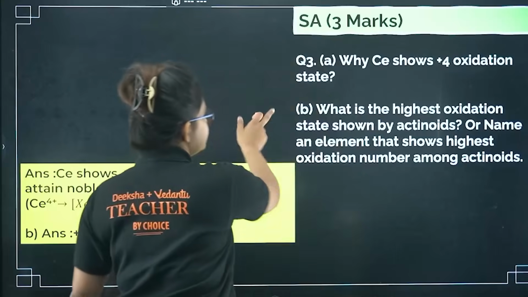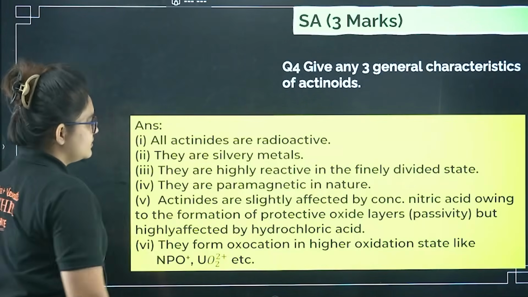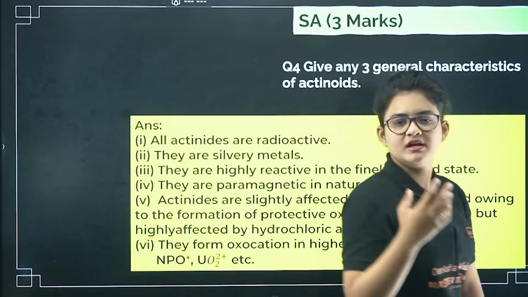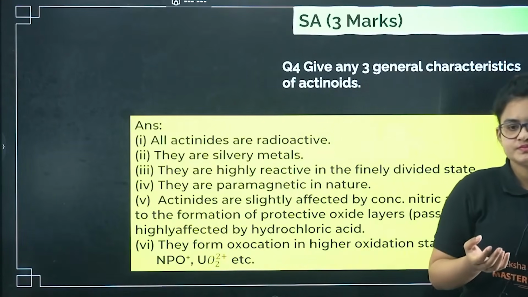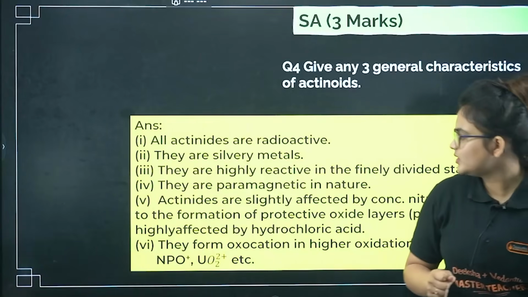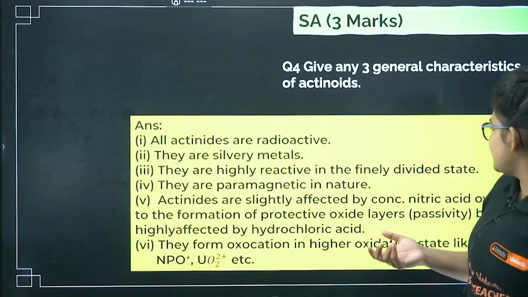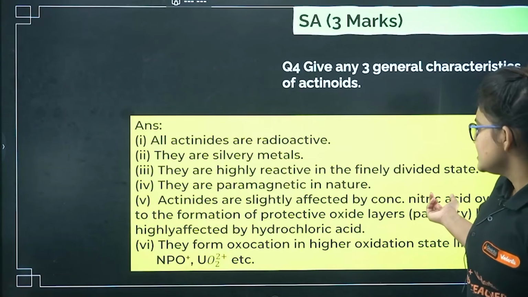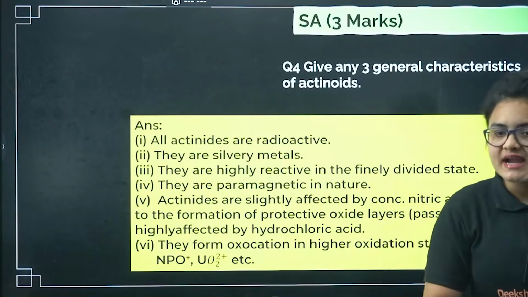Okay, let's proceed. Give any 3 general characteristics of actinoids. Here you can see definitely all of them are radioactive, silver color, highly reactive, okay, and paramagnetic in nature. What can we tell more? Slightly affected by concentrated nitric acid owing to the formation of protective oxide layers.